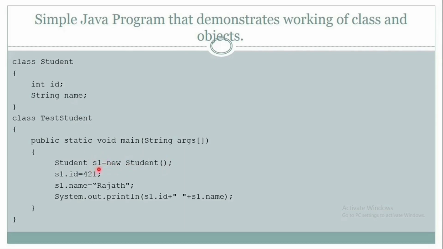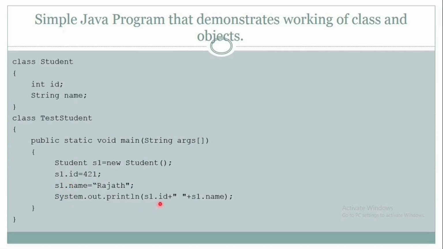Whenever an object is created, the compiler will allocate memory, that is, ID and name memory will be allocated to s1. Now the question is, how can I access it? The values can be initialized to these data members of an object using s1.id and s1.name. So this is how I initialize values to the data members of an object.